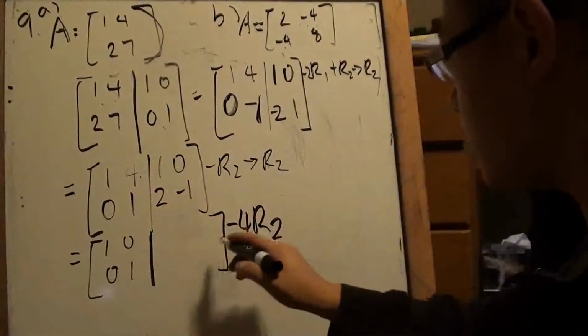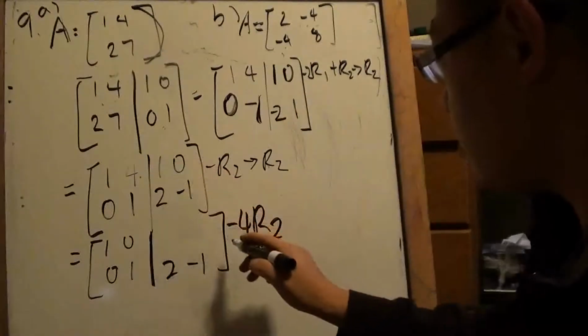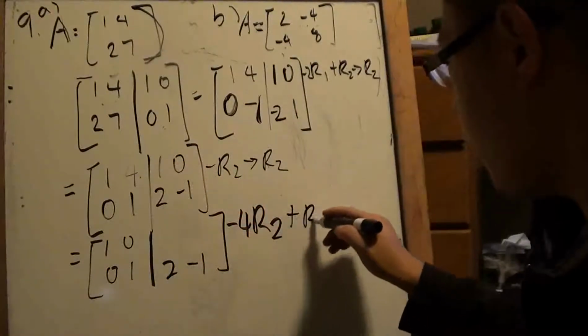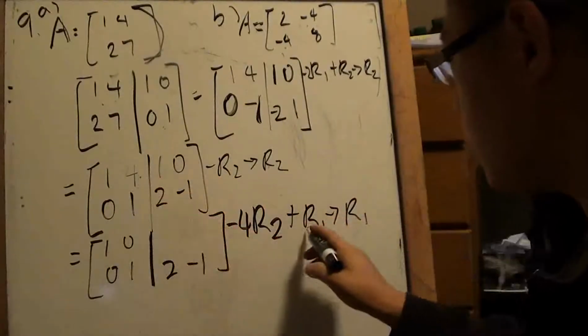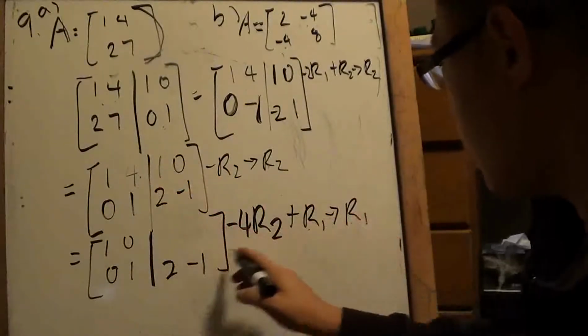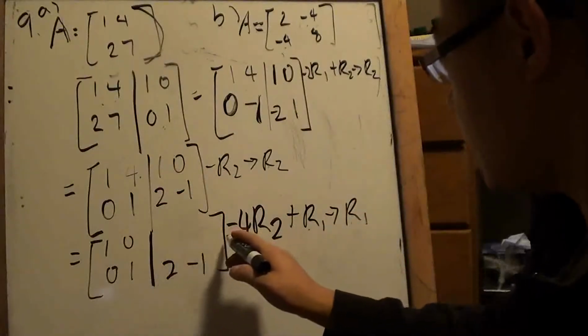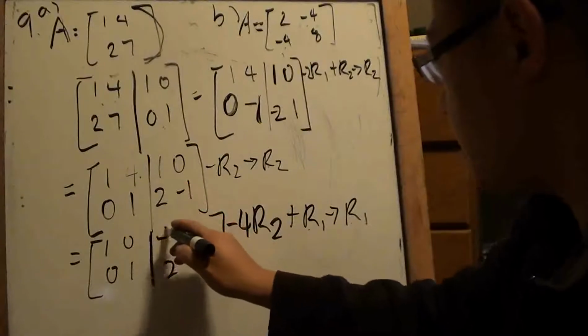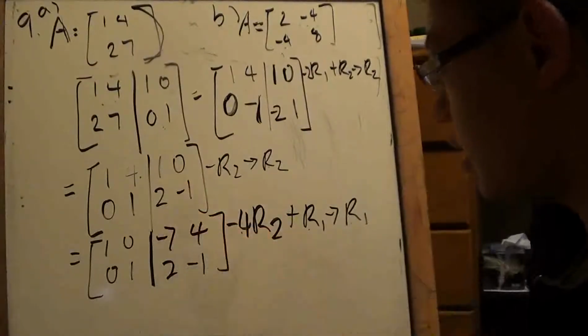So row 2 stays the same and the first row is affected. 1 becomes a new 1. Then 2 times -4 is -8, -7, and -4 times -1 is 4, 4.